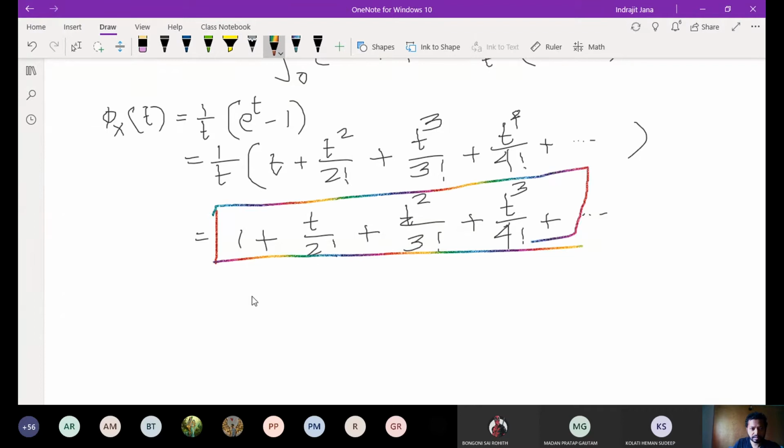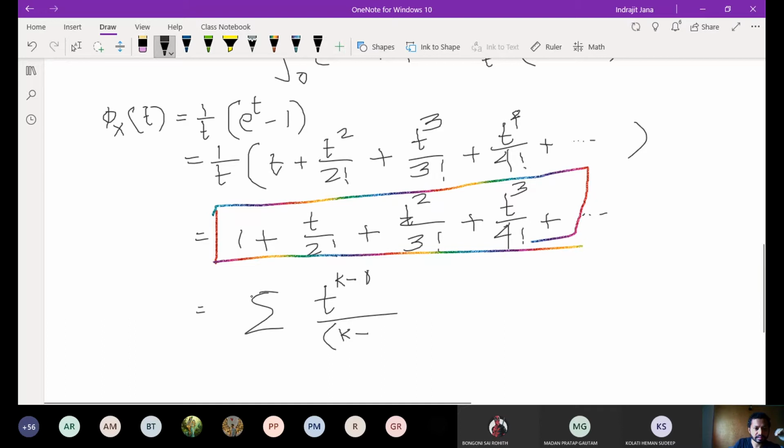If I write it in the summation notation, this is going to look like the summation of t to the power k minus 1, divided by k factorial.